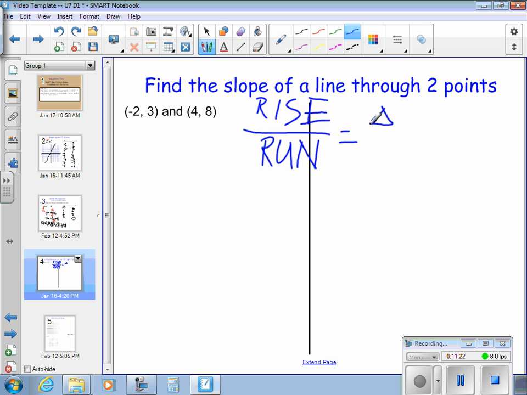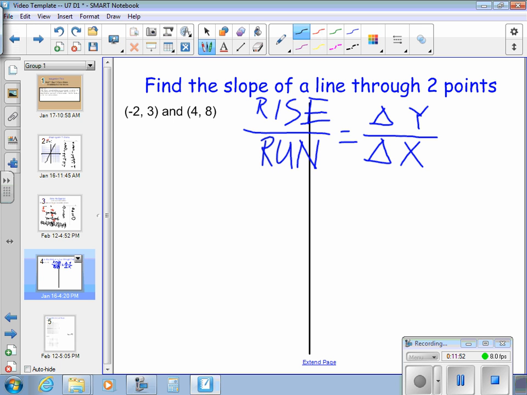We refer to as delta y, change in y, over delta x, or change in x. So to do that, we're going to subtract. And we can subtract in either of two orders. That doesn't matter. The critical thing is that we have to subtract both the x's and the y's in the same order. So I'm going to do both of them here.